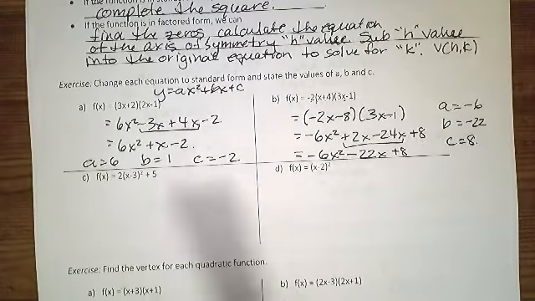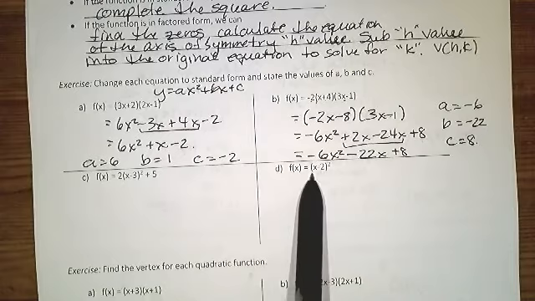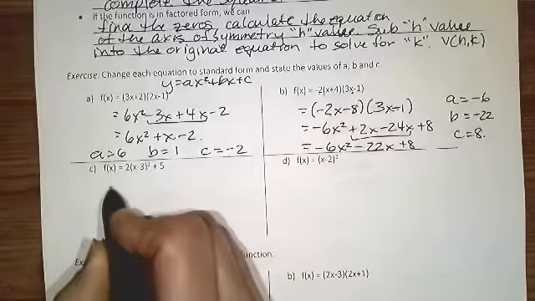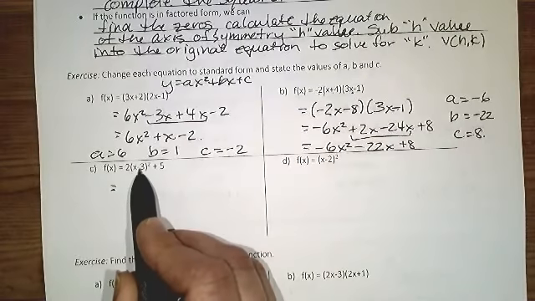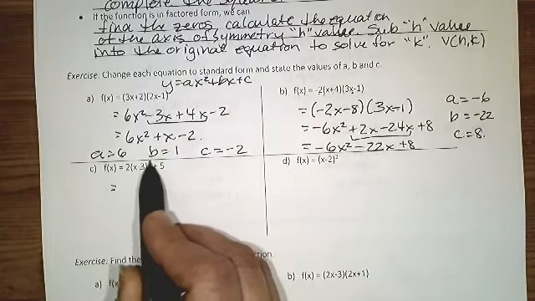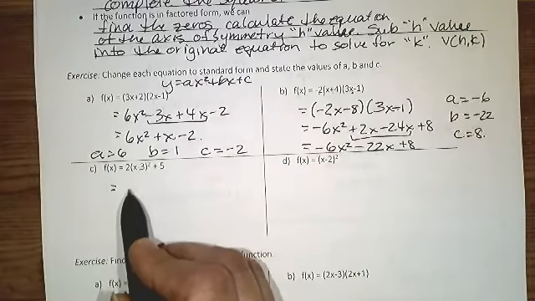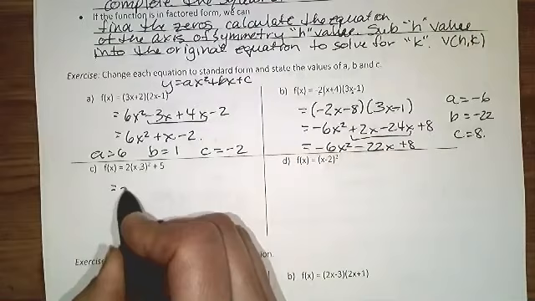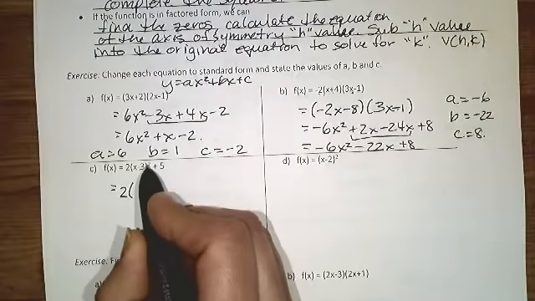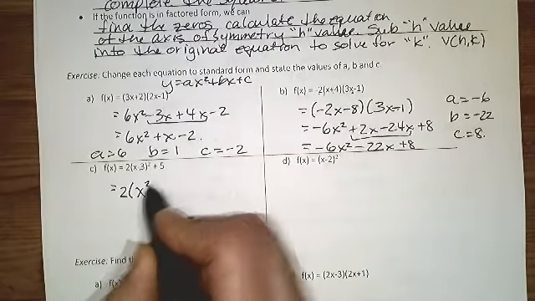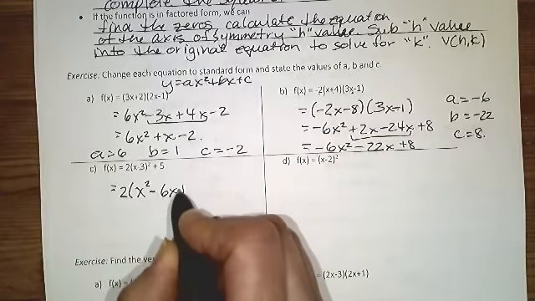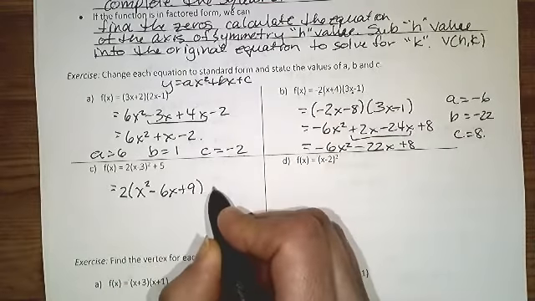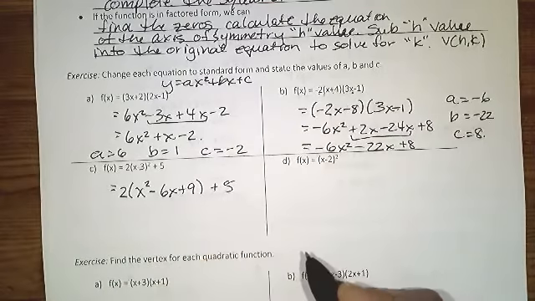The next two examples are from vertex form to standard form. Remember, we can't multiply this into the bracket in this situation because it's squared. So following BEDMAS, we would have to apply an exponent before we can multiply. This is a perfect square trinomial, so you can multiply them out if you choose. I am just going to use the shortcut method that we have learned in order to expand that.